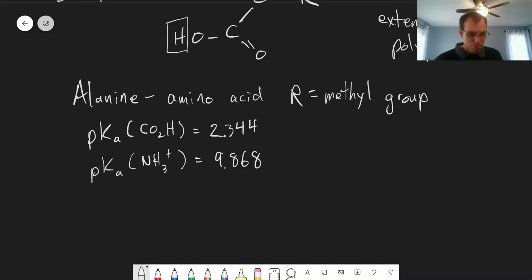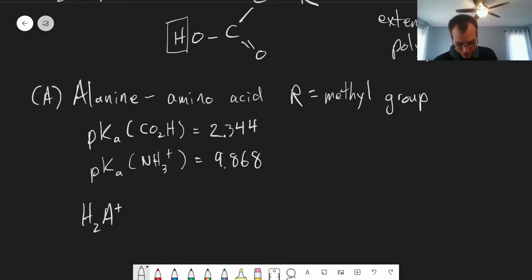Okay, but there are 3 different forms our amino acid can take. So we can have the fully protonated version, H2A+, where we will represent alanine as A. Again, the fully protonated form, H2A+, is positive because the amino group is protonated as NH3+, and there's also a proton on the carboxylic acid.